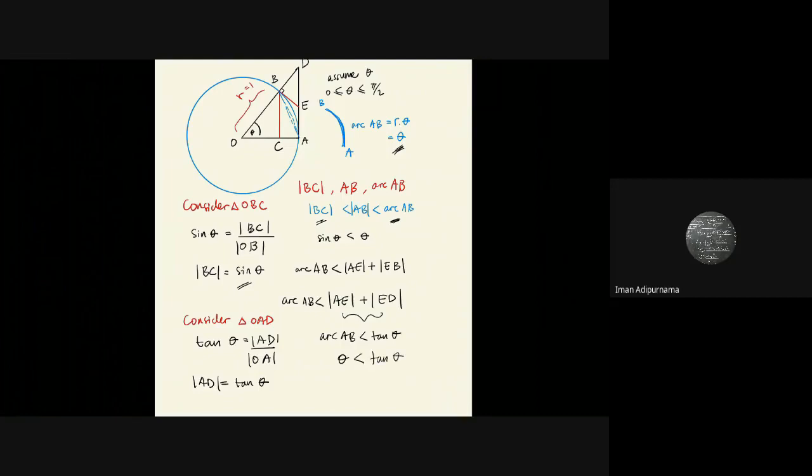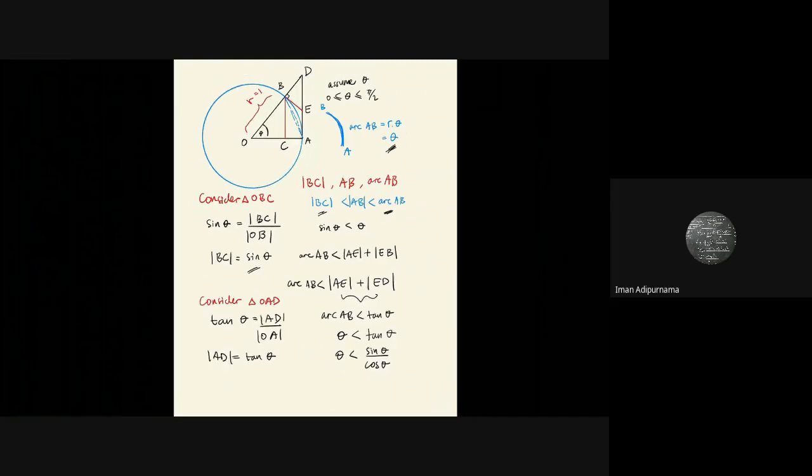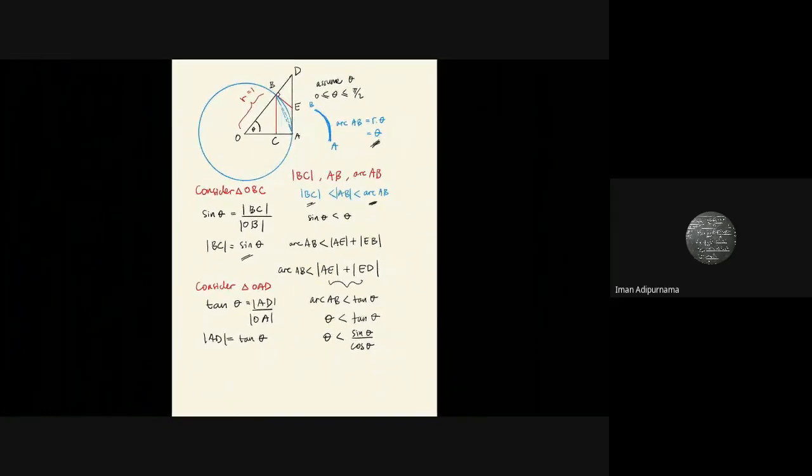Okay. I can rewrite the tangent as sine theta over cos theta, and then I can flip the theta and cos. So cos theta is less than sine theta over theta. And from before, sine theta over theta is less than 1.